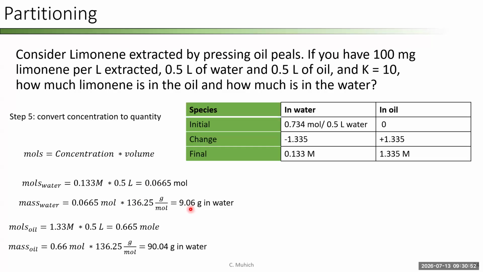I can do the same thing with the oil using the final oil concentration of 1.33 molar to give 0.665 moles, or approximately 90 grams in the oil. Okay, so if we started out with 100 grams, we ended up with most of those grams in the oil, just like we expected.